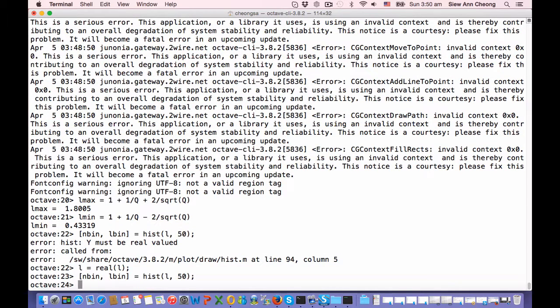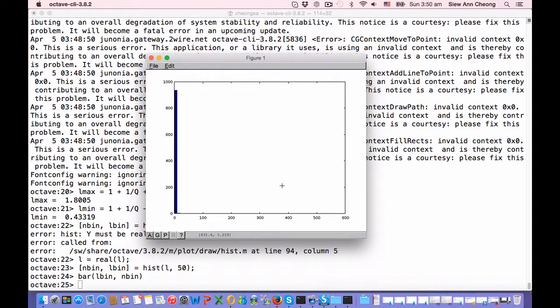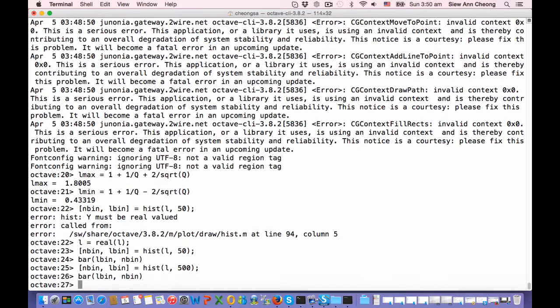So now we have it, and let's do a bar graph to see what it looks like, L bin, N bin, to see whether 50 bins is a good number. It's not that good because there are very large eigenvalues in this problem. So we need to go to say 500 bins. Let's do this again.